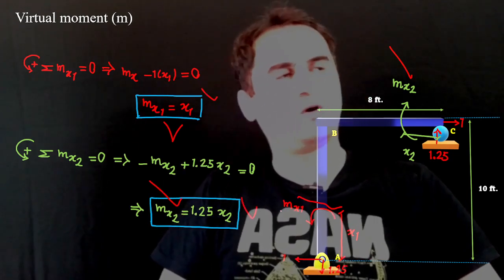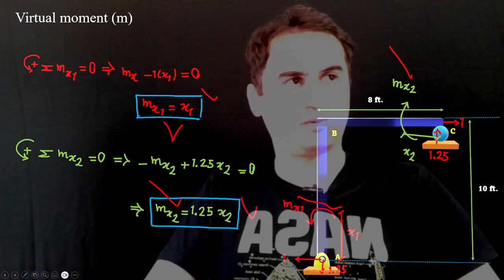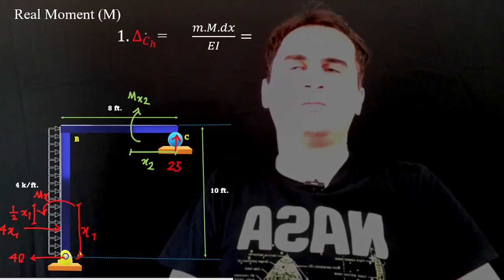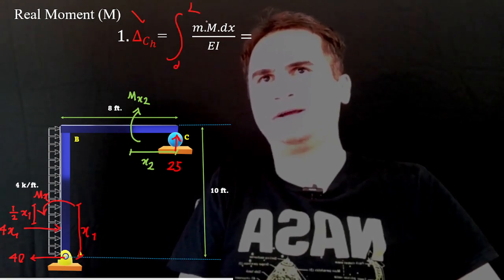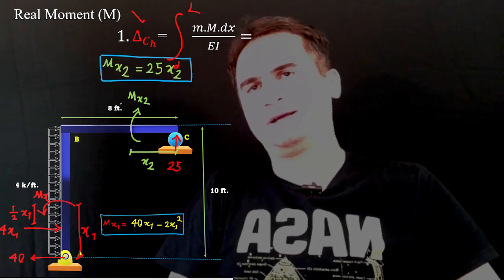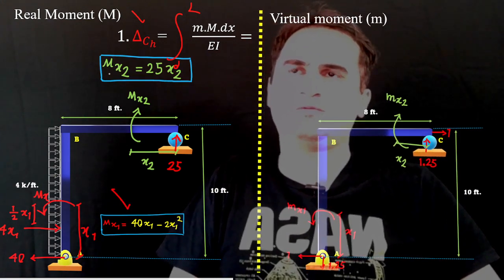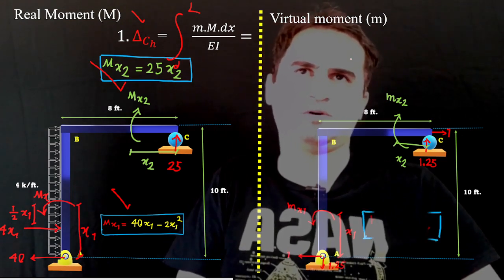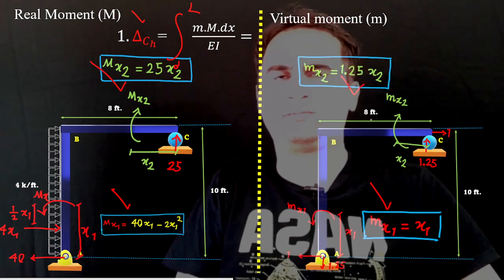So we have both a virtual moment and a real moment for both parts. Using the virtual work equation, the integral from 0 to L of small m times capital M dx over EI, we have the real and virtual moments for part 1 and part 2.